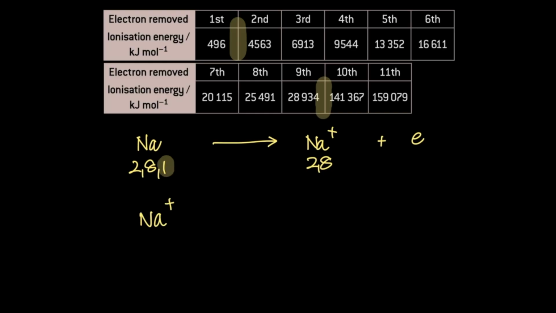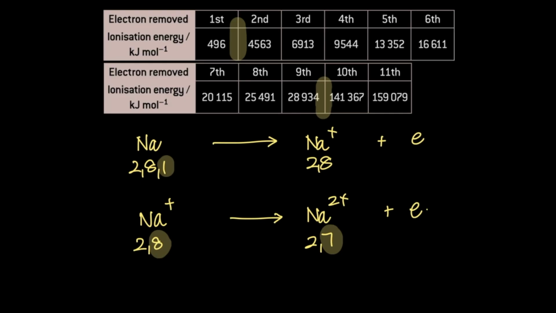Now the second ionization energy was sodium plus becoming sodium 2 plus. That means 2, 8 was becoming 2, 7, so the electron being removed was from shell number 2 rather than shell number 3. Here the electron being removed is from a shell closer to the nucleus, which will require much more energy because it gets greater attraction.